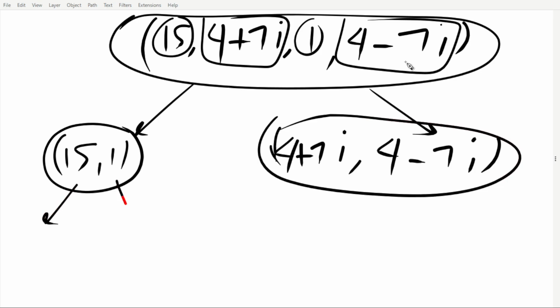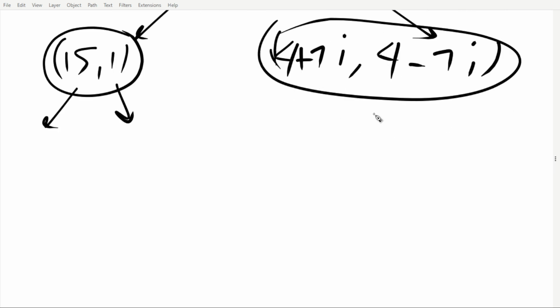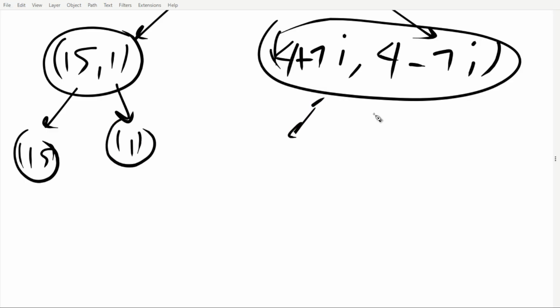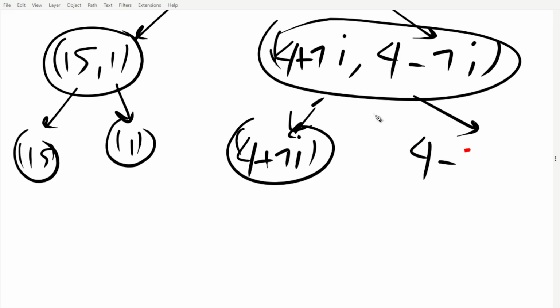Again separate out odd and even coefficients, 15 and 1, and 1. Here also separate out, we get 4 plus 7i and 4 minus 7i.